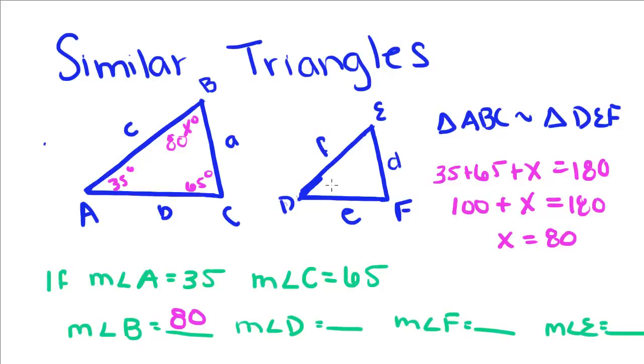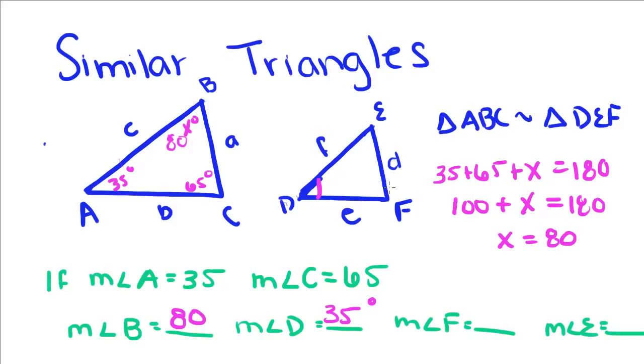So now, in order to find out the angles of the little triangle, we need to remember what similar triangles have in common. Since we know that these two triangles are similar, that means that their corresponding angles are congruent. So the measure of angle D has to equal the measure of angle A. Since angle A is 35, the measure of angle D is also 35.